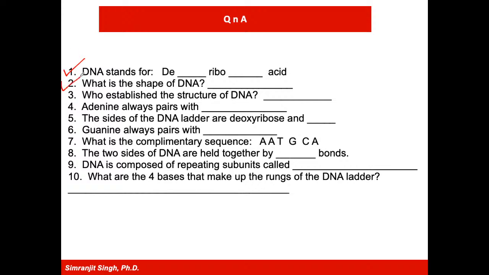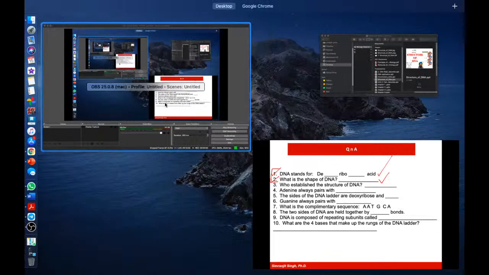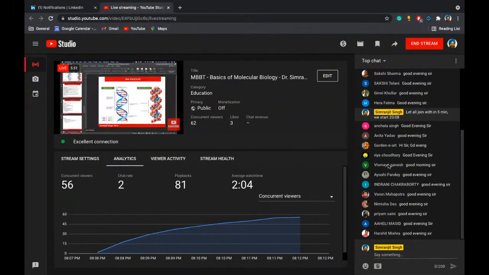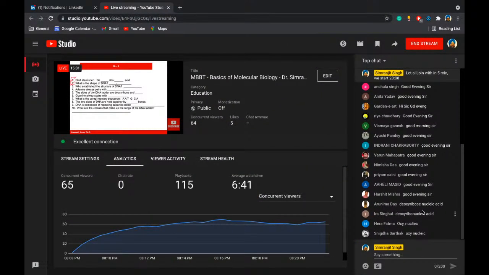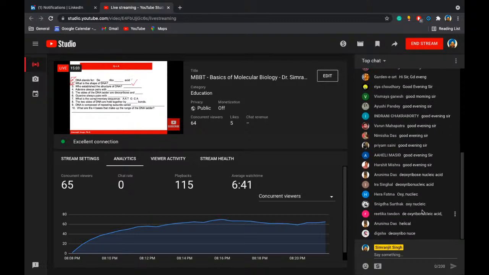So answer first and second: DNA stands for, and what is the shape of DNA?